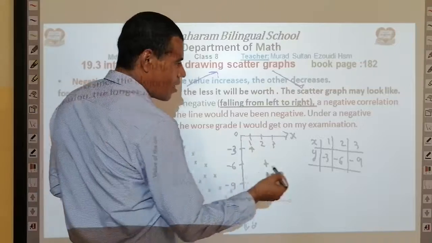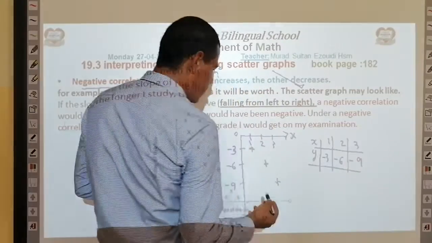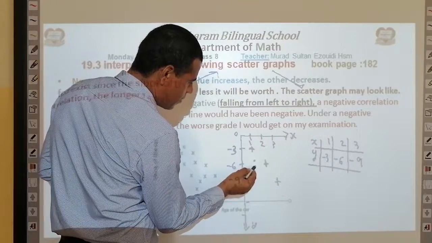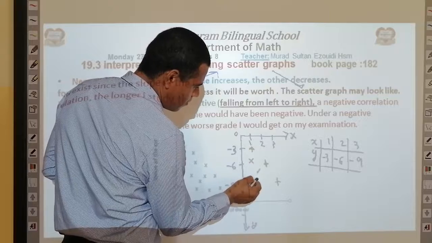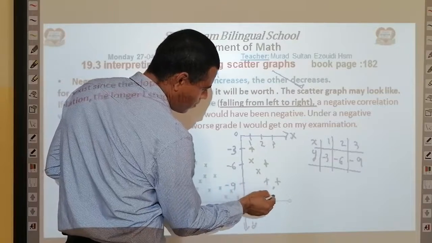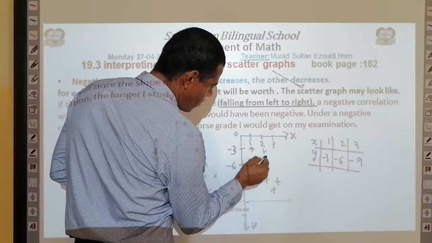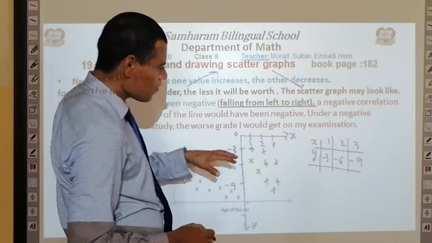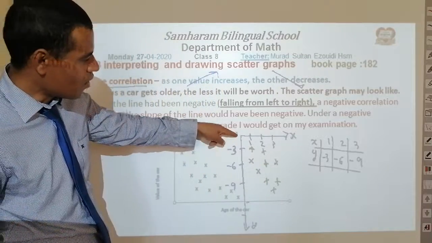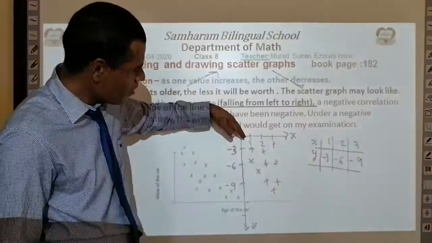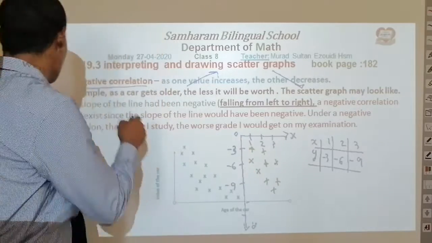Okay? Then I will now add other points, for example, this one. You can see that when the value of x is increasing, the value of y is decreasing.